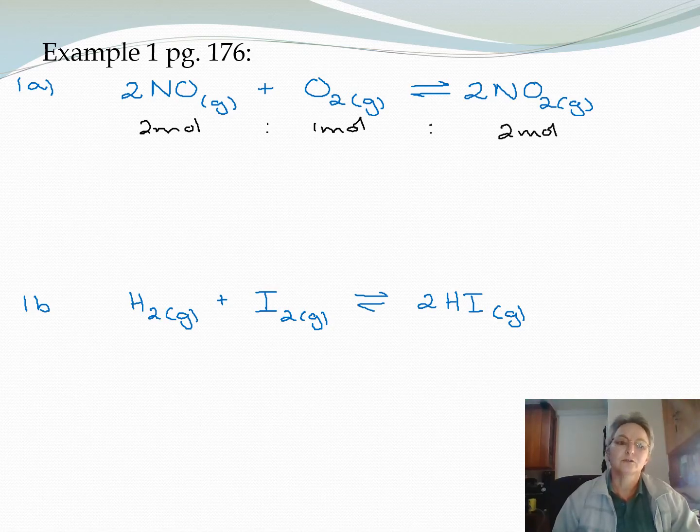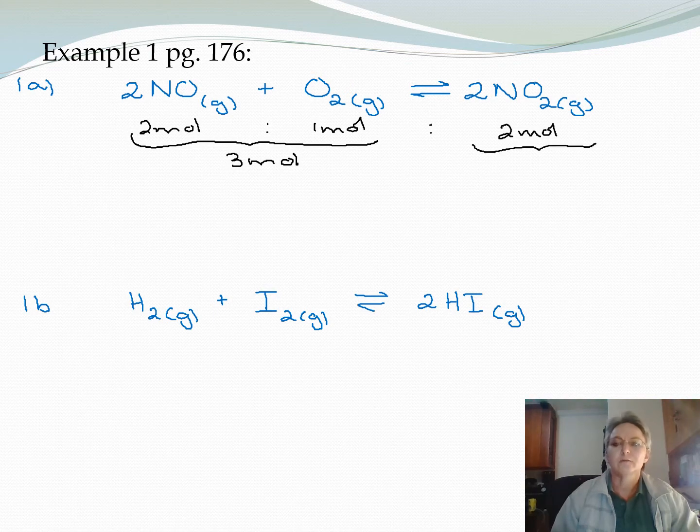Now, to consider the fact of pressure change, we need to see that on the reagent side here we have a total of 3 mole of gas, and on the product side on the right we have a total of 2 mole of gas. So on the left hand side of the arrows you have more moles of gas than on the right hand side. So let's look at the effect of an increase in pressure.